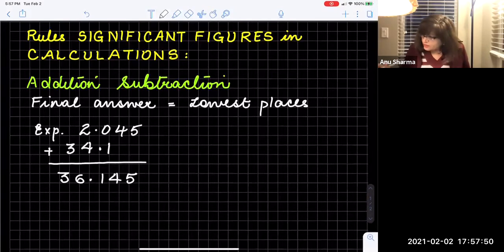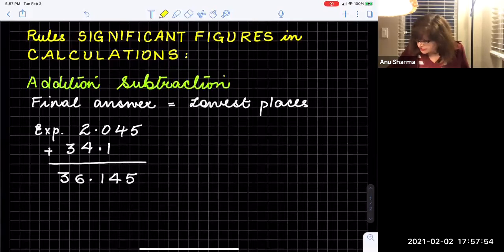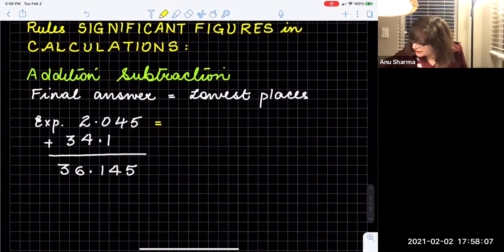Okay. Now, the rules for the calculations regarding the significant figures in addition and subtraction: here we see how many decimal places do you see in the first one? No, decimal places. When you do addition and subtraction, you look at the decimal places: 1, 2, 3.